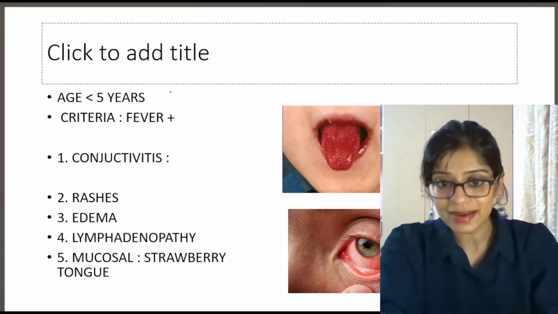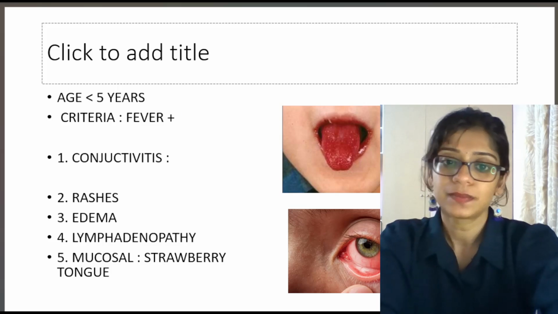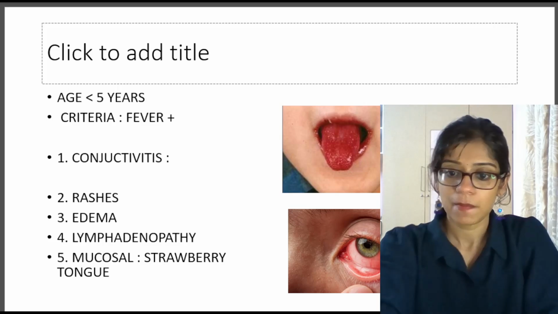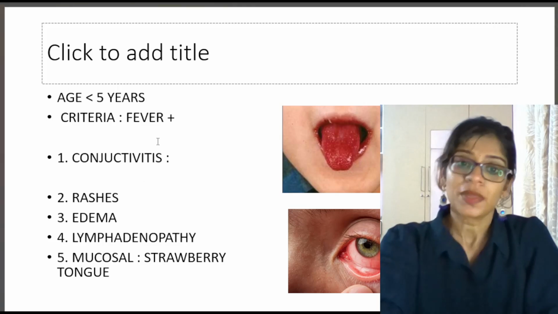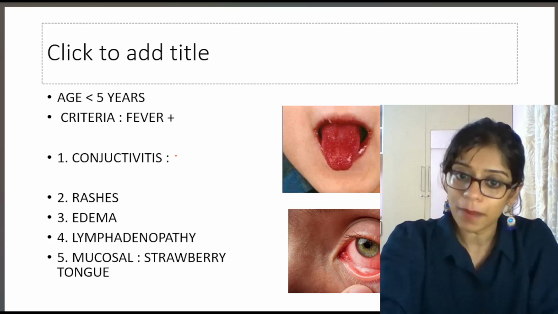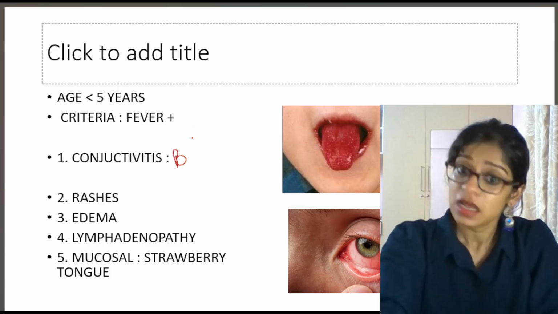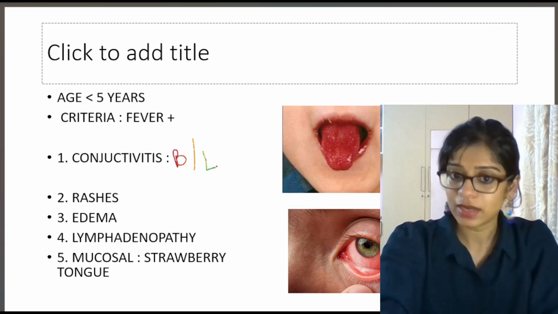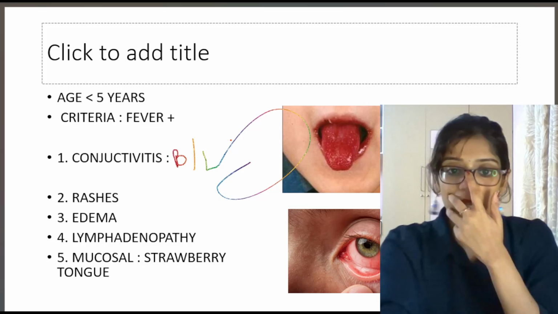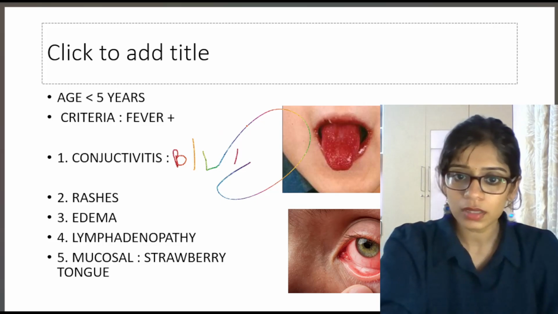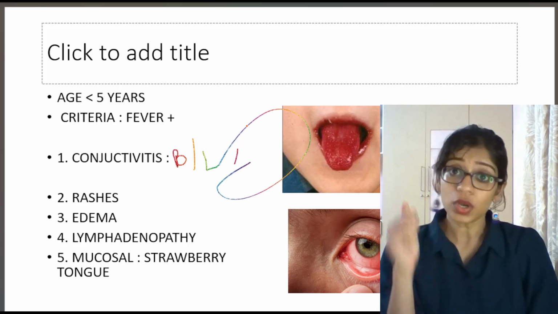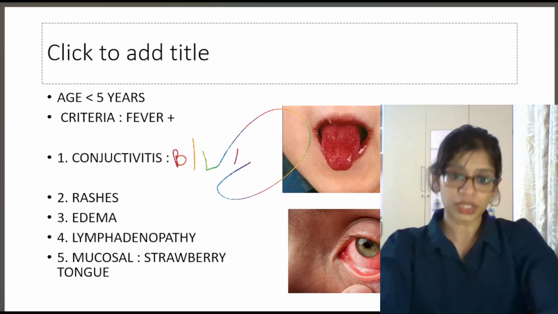It is bilateral, very important. In these children conjunctivitis is going to be bilateral, means both eyes will be involved. The second point is it is going to be non-purulent. Non-purulent means there will be no pus coming from the eye. So it is going to be non-purulent bilateral conjunctivitis.